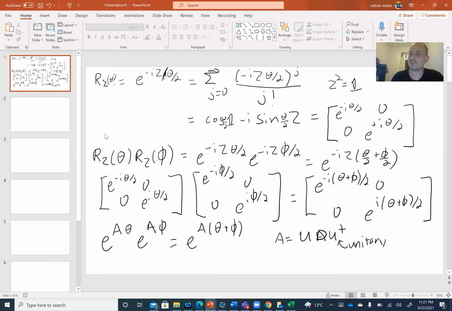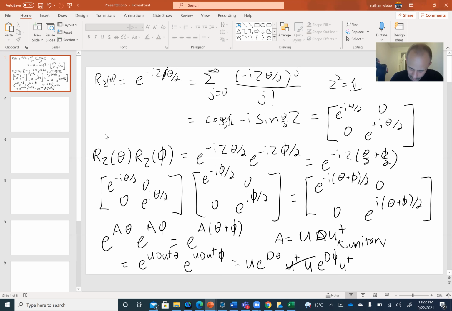And the reason why you can see this is that it's, of course, equal to e to the U D U dagger theta times e to the U D U dagger phi. Now, using the property that I asked you to prove on the homework, this is equal to U e to the D theta U dagger times U e to the D phi U dagger.